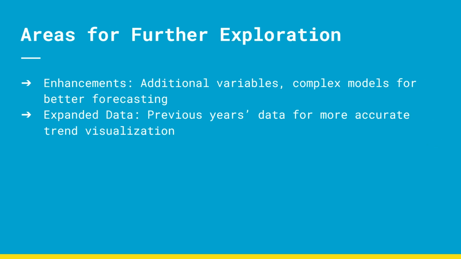For areas of further exploration, for enhancements, of course, add variables, maybe to see different relationships, use different models, maybe use something other than the ARIMA model for better forecasting, and of course, expand the data. Another idea for further exploration: it would be interesting to do the same kind of project with a different area and compare those plots.